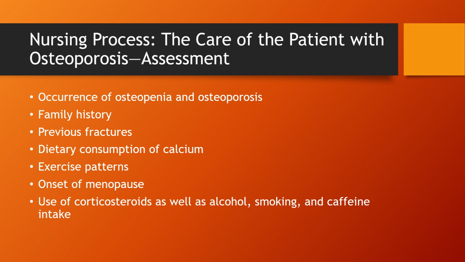So caring for the patient with osteoporosis, nursing assessment, again, looking at the occurrence of osteopenia, osteoporosis, what are the family history and risk factors? Do they have any previous fractures or histories of fractures?